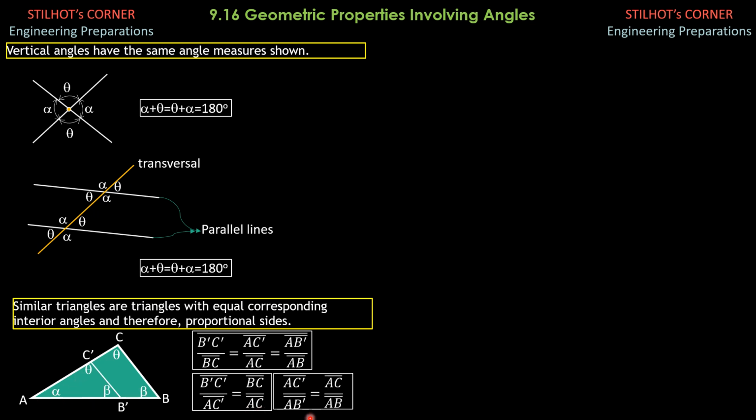Then another proportion of sides: AC prime opposite of beta, as to opposite of theta.